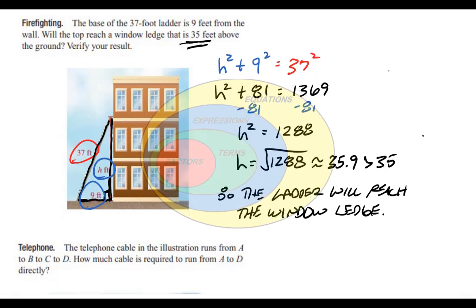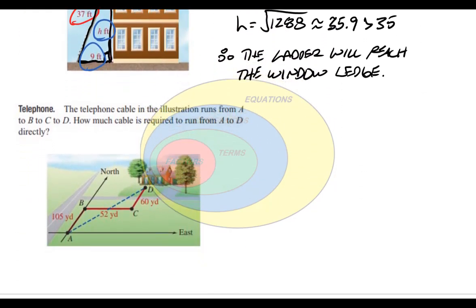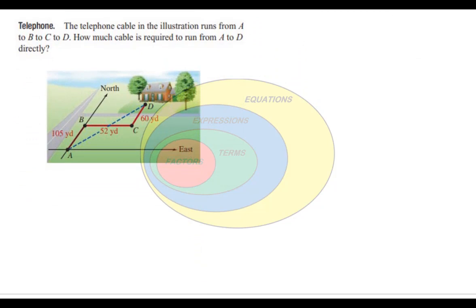All right, so the next application is dealing with telephone cable. If we look at the illustration, they give us some measurements, and they want us to find the distance between A and D, which is the blue dotted line. So what we need to do is recognize a right triangle in this application.